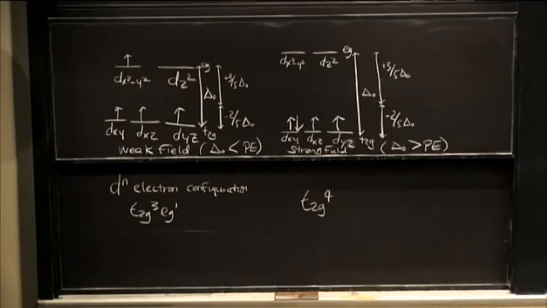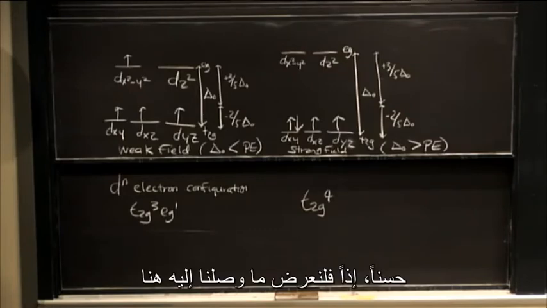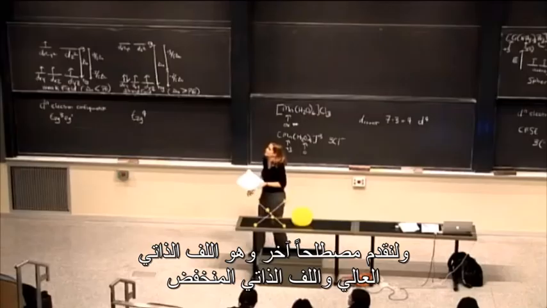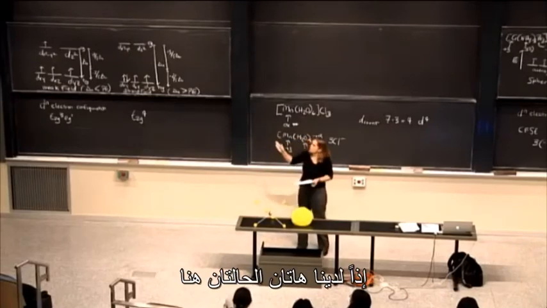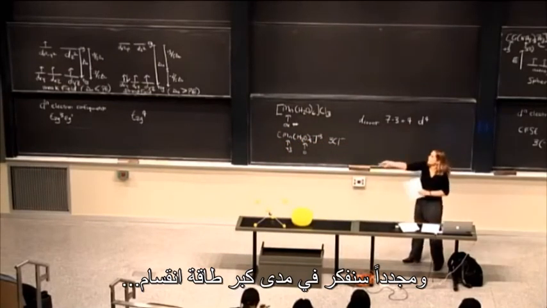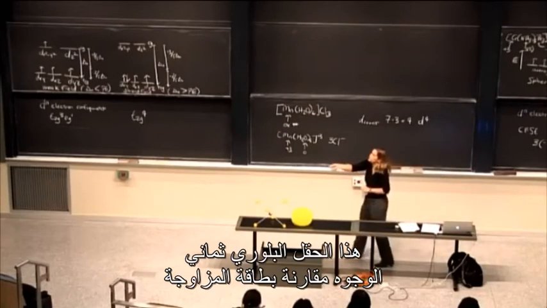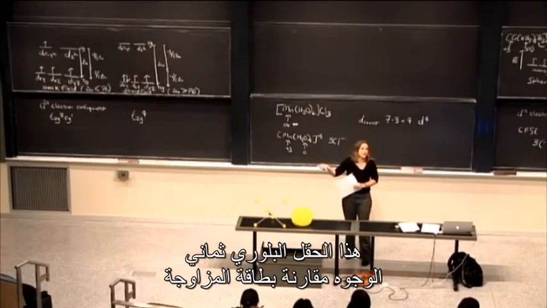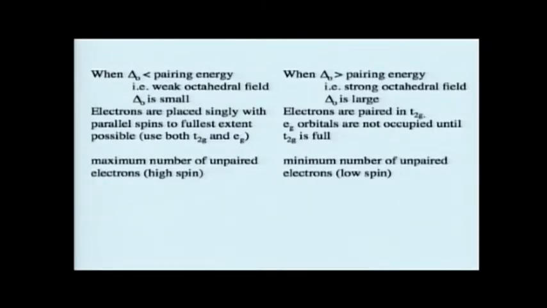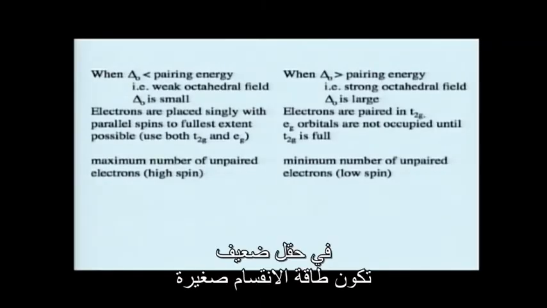Okay. So let's just put up what we've done here and introduce another term, which are high spin and low spin. So we have these 2 cases here. And again, we're considering how big is this octahedral crystal field splitting energy compared to a pairing energy, the energy involved in pairing electrons together. In a weak field, the splitting energy is small.